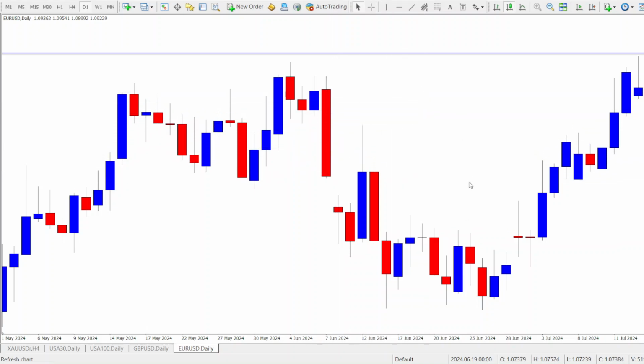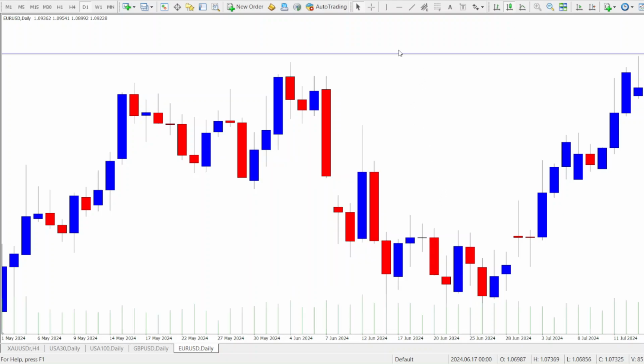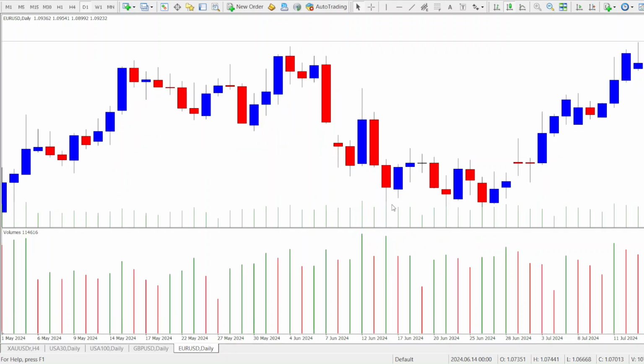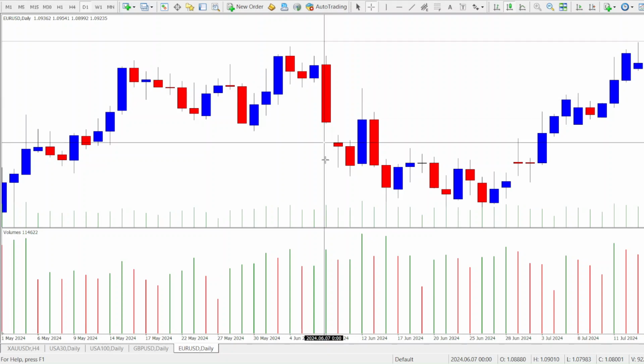Now let us just add volume to this chart so we can see that. Let me just insert the volume indicator. All right, now we can see that there was an increase in volume here.